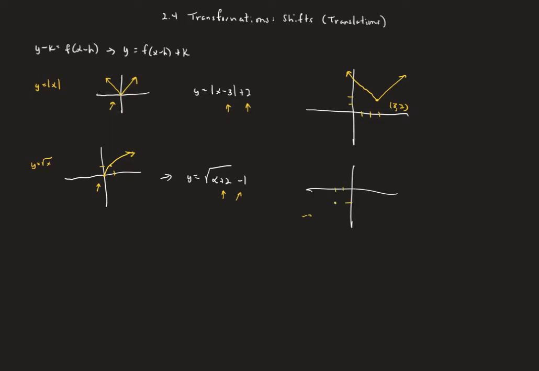So that point is going to be negative 2, negative 1. We'll go up 1 over 1, so that's going to put us at the point negative 1, 0, and then it's going to have that top half of a sideways parabola shape.